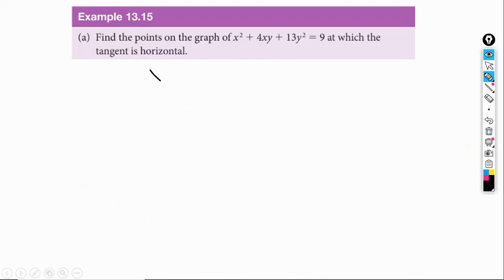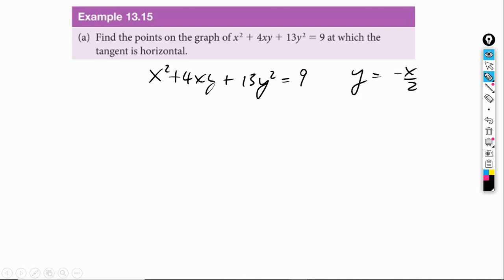Okay, so let's rewrite this. We have x squared plus 4xy plus 13y squared equals 9. And we found that the tangents that are horizontal would be in the form of y equals minus x half.